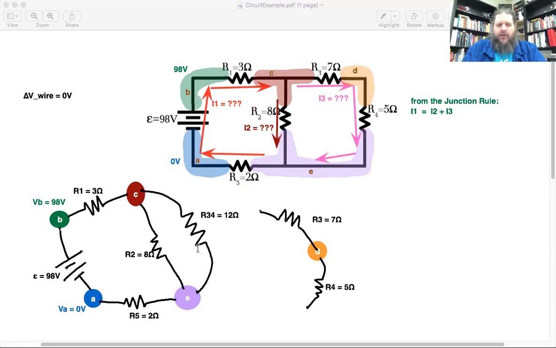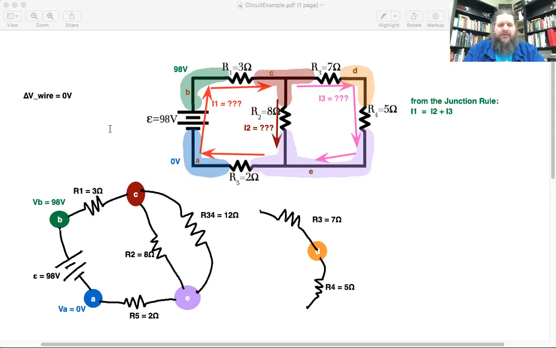And that 12 ohm resistor is definitely in parallel with the 8 ohm resistor because they both start at C and they both end at E. So if these are in parallel, how would you combine their resistances? How would you combine 8 ohms and 12 ohms if they're in parallel with each other?